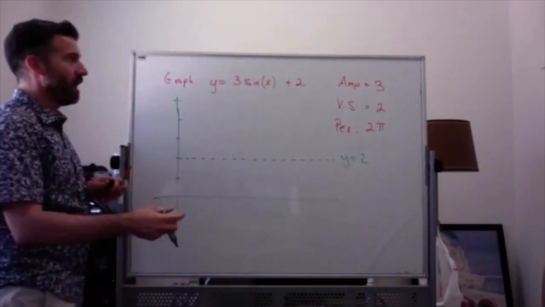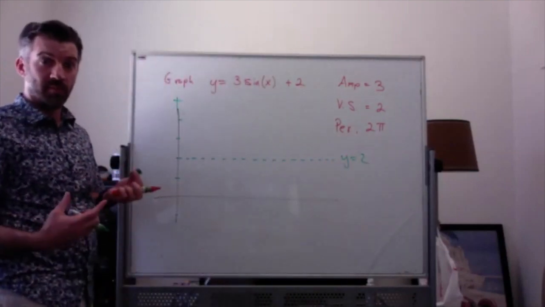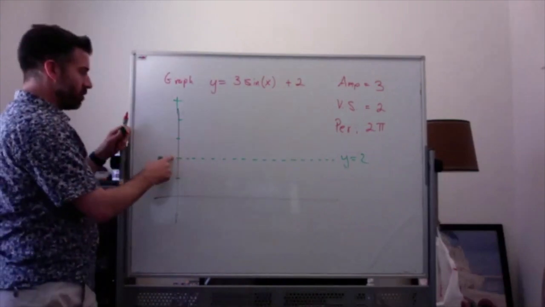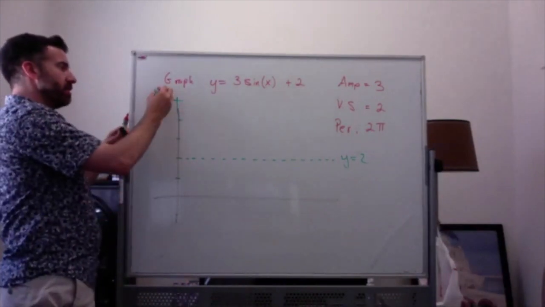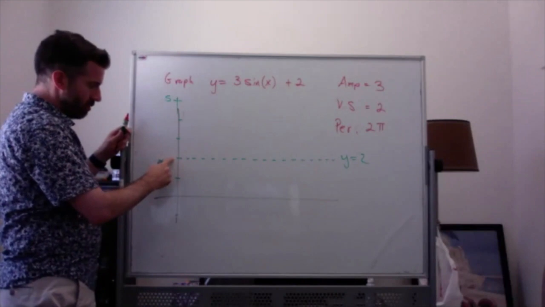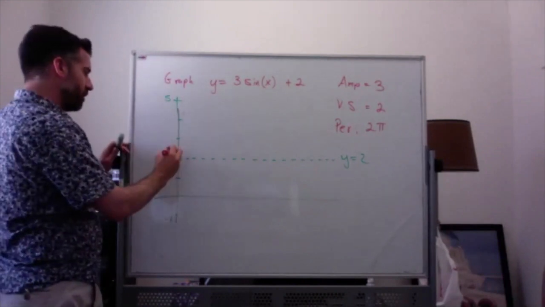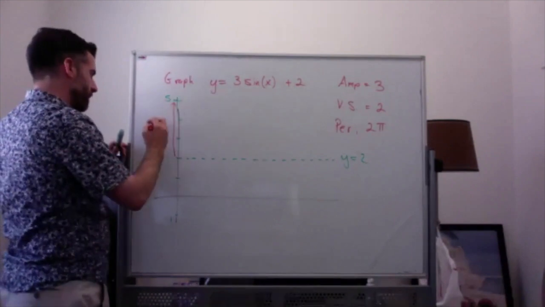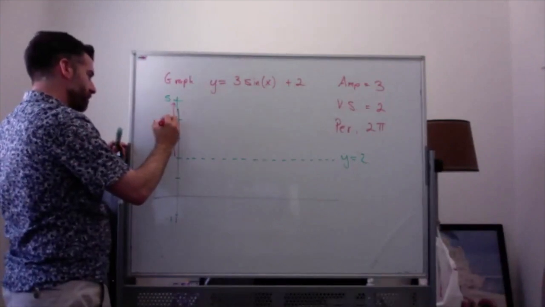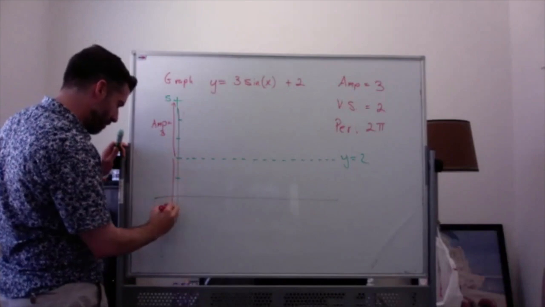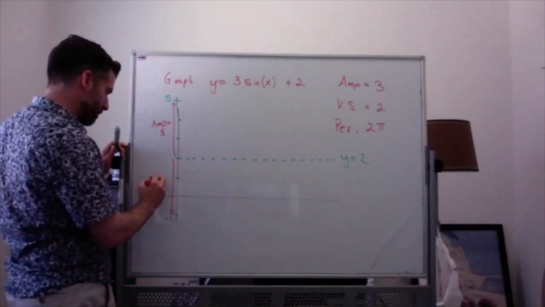And then make sure you have an amplitude's worth above and below. So I need to be able to go 2 and then up 3 to 5, 2 minus 3 down to -1. So from the middle to the top, that's the amplitude, and from the middle to the bottom, that's the amplitude.